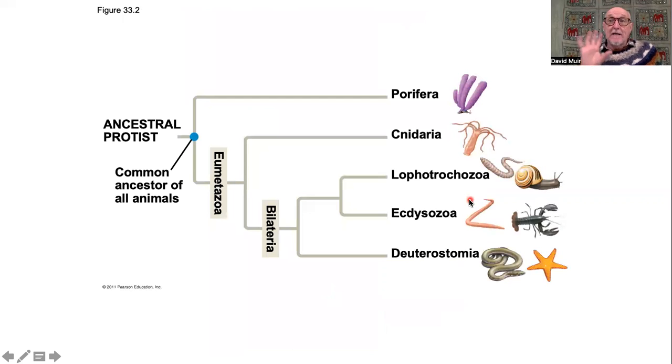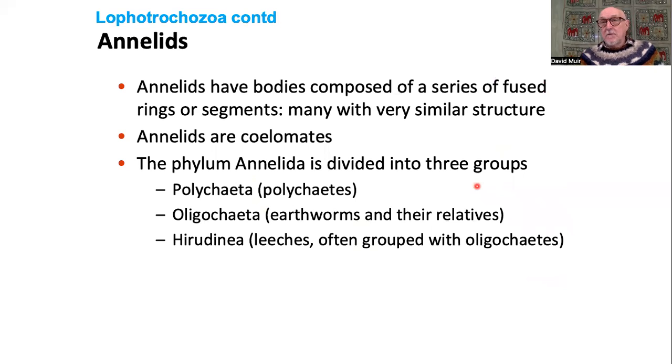Okay, so the mollusks are one of the very large diverse groups in the Lophotrochozoa. And the other group in the Lophotrochozoa are the annelids. The annelids are worm-like creatures, and they have bodies which characteristically have a series of repeating segments, often a very large number of repeating segments.